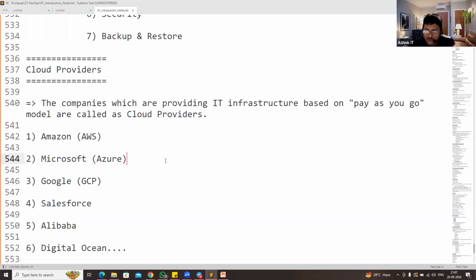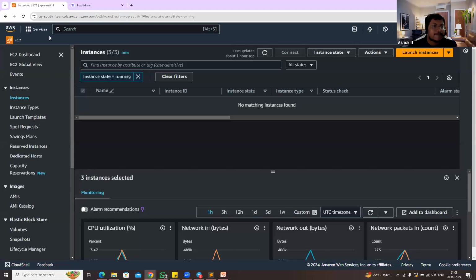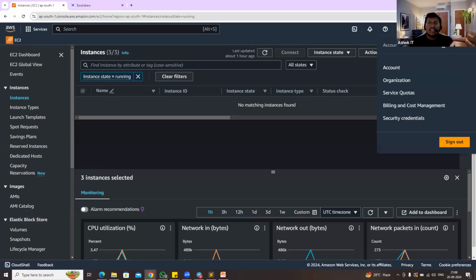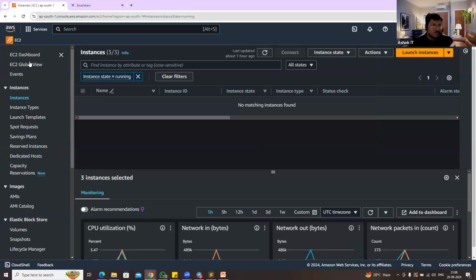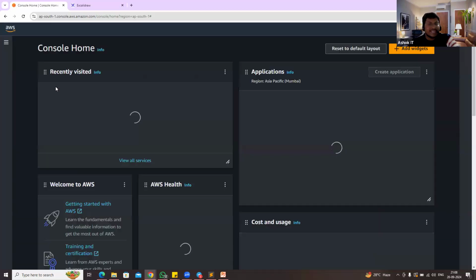The AWS website is available. I have created one account in AWS and logged into my AWS account. Once you create the account and log in, you can take IT infrastructure for rent.